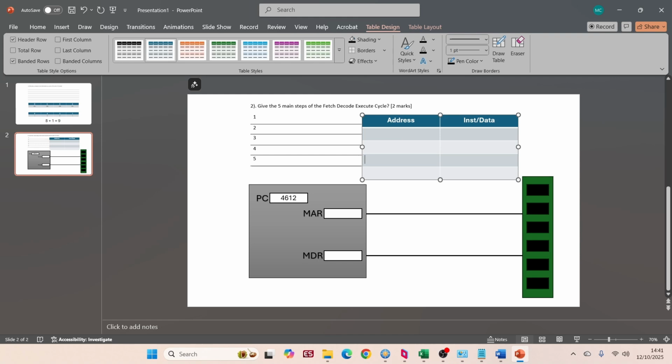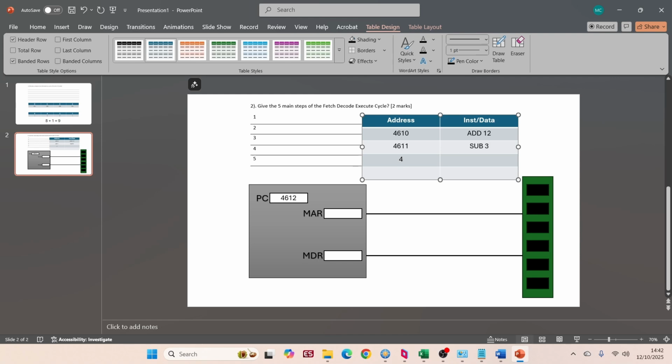So there'll be 4610, might have been, I don't know, add 12. Okay, 4611, subtract 3. So this is the program.